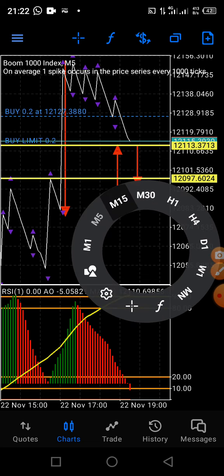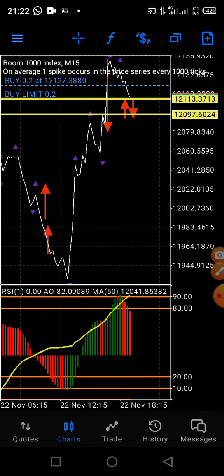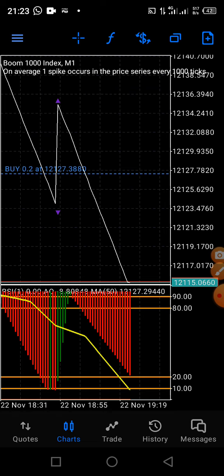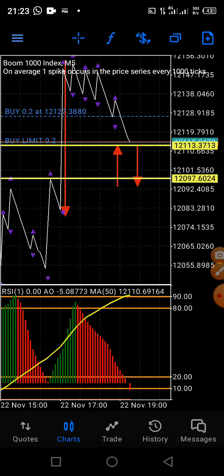Slowly but surely waiting. Almost reaching the two yellow lines, the in between two yellow lines, our setup.